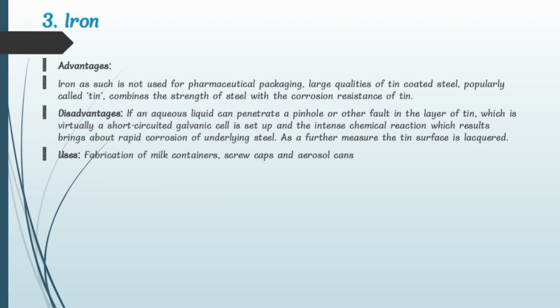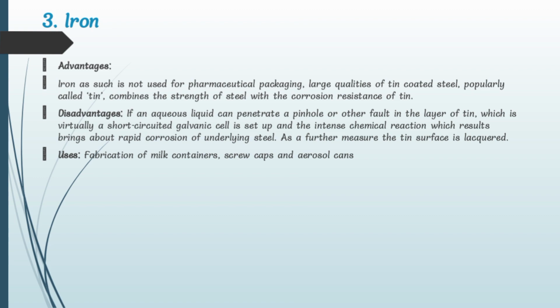Next metal is iron. Advantages: iron as such is not used for pharmaceutical packaging. Large quantities of tin coated steel, popularly called tinplate, combine the strength of steel with the corrosion resistance of tin.